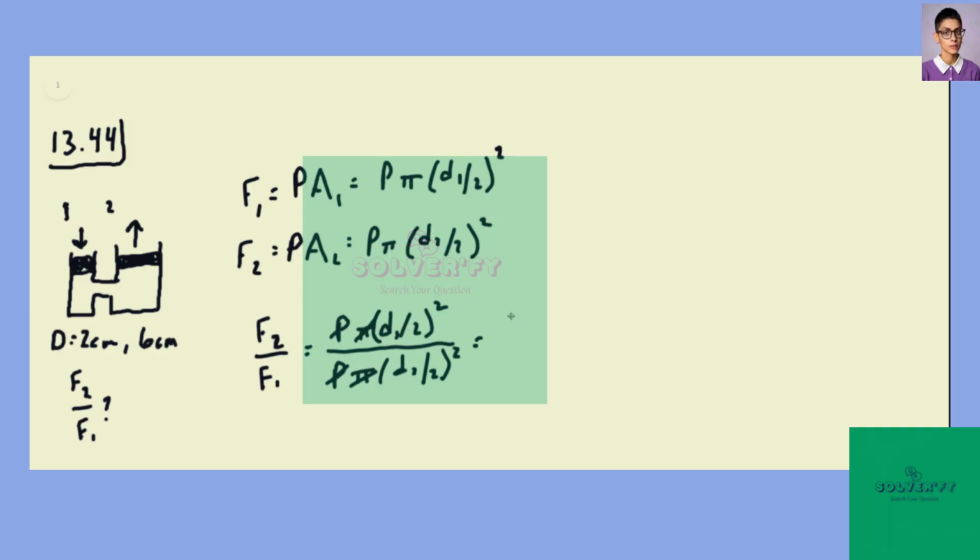So here we have 1 centimeter squared, because 2 divided by 2 is 1, and then 6 divided by 2 is 3. And squaring that gives us 9 centimeters squared. Oh, I have these backwards. This should be d2 on top.